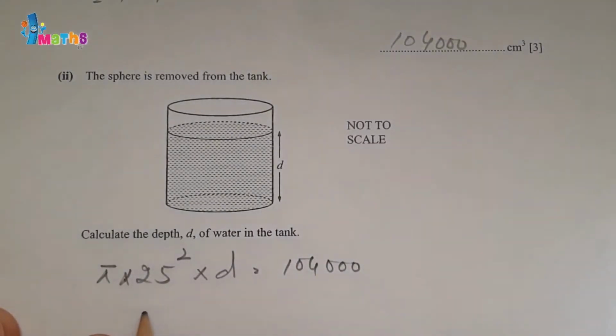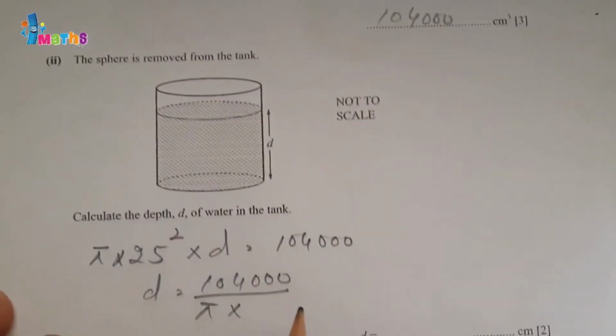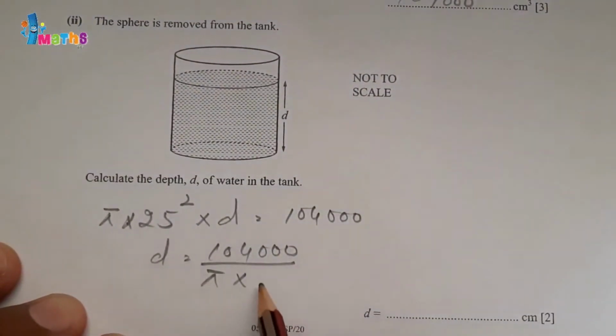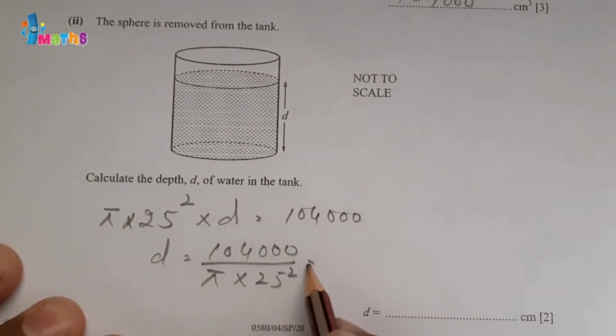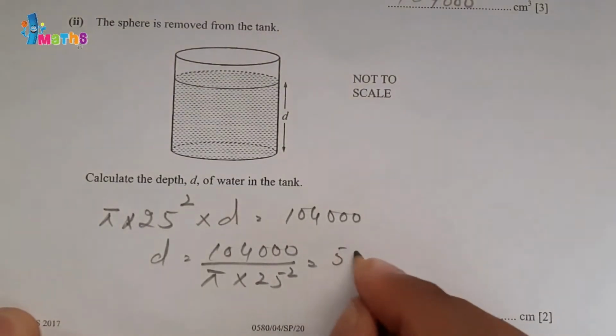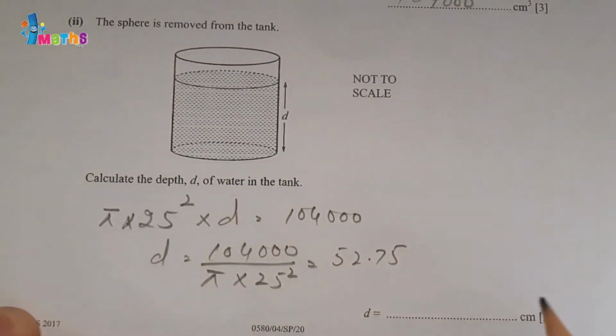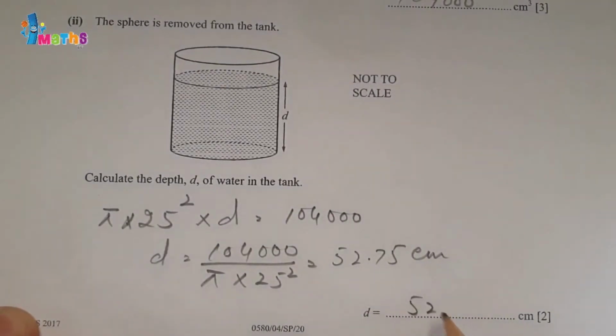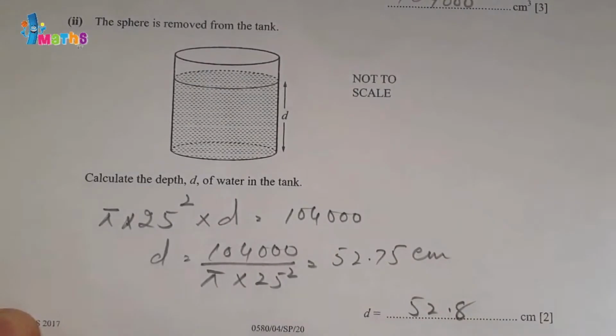So we can calculate the value of d, which will be 104,000 divided by pi into 25 square. So this will be equal to 52.75, which is in centimeters, so we can round it to 52.8. Three significant figures.